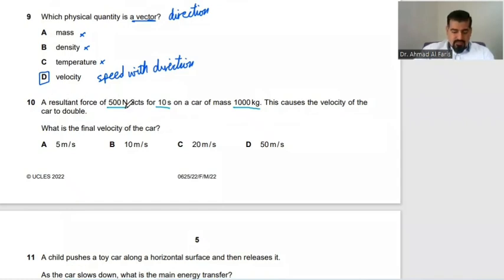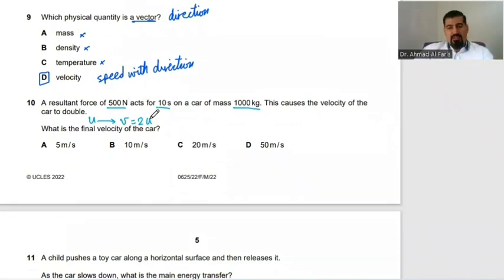So there was an initial velocity u, which increased to v, where v equals 2u, double the initial velocity. They ask about v, so I need to find u and double it.